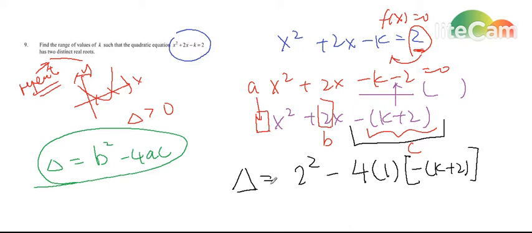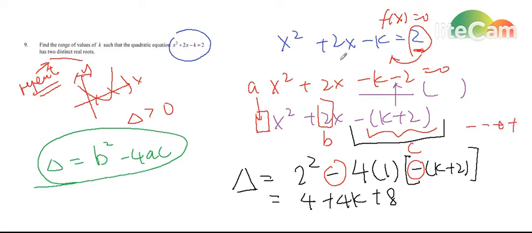Then we can simplify this, so that we can write something like that. It is 4k plus 8, because here we can eliminate these two negatives, and negative multiply negative, we have the positive values. So we can write our solution like this.